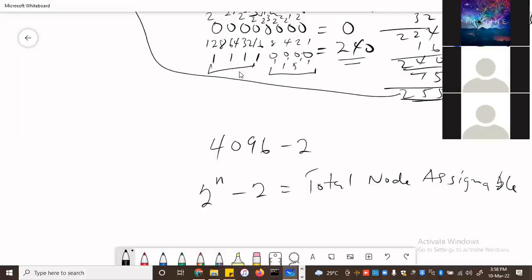So total nodes assignable. In this case, our small n was 12. So it was 2 raised to the power 12 minus 2. So this was 4094.